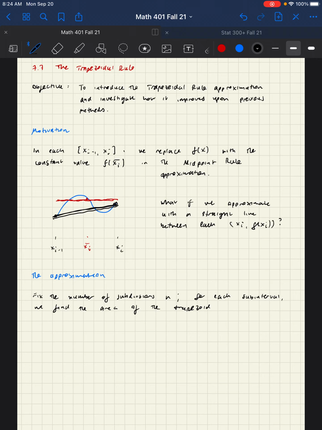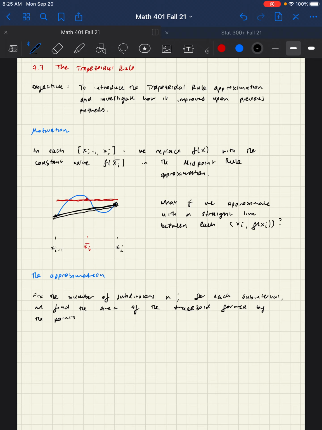of the trapezoid. So remember, a trapezoid is a four-sided closed shape with straight lines, and it has two parallel sides opposite each other, and then the other sides may not be. In this case, we're going to take a trapezoid where we actually have two right angles. You'll see in a second.